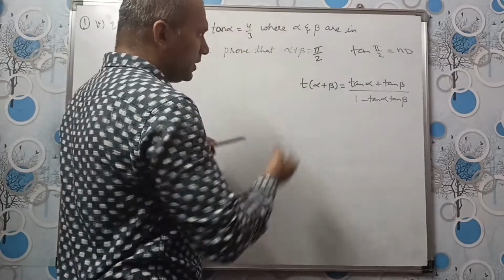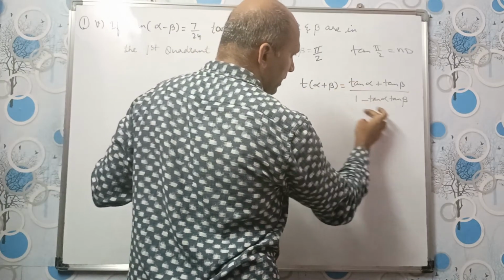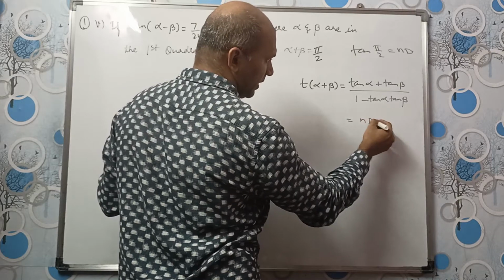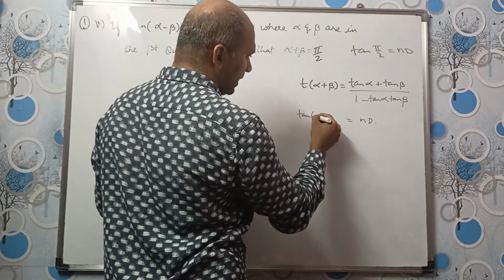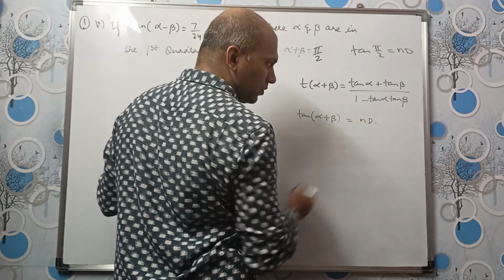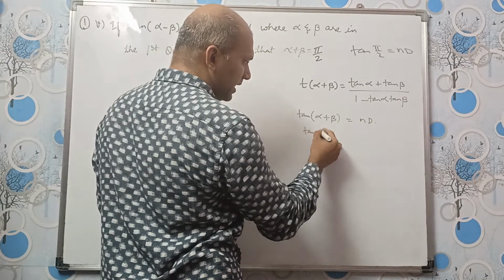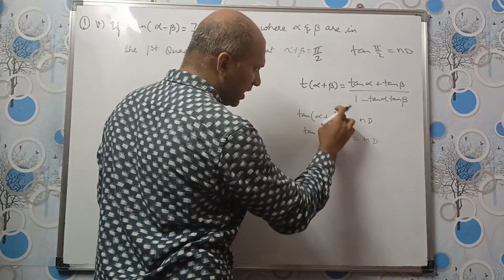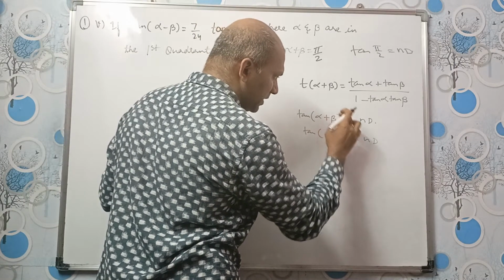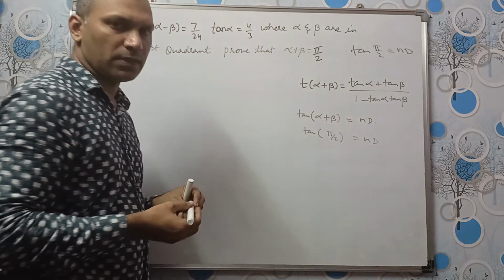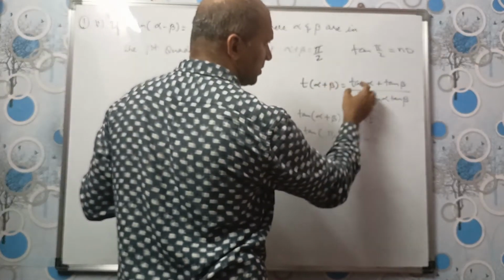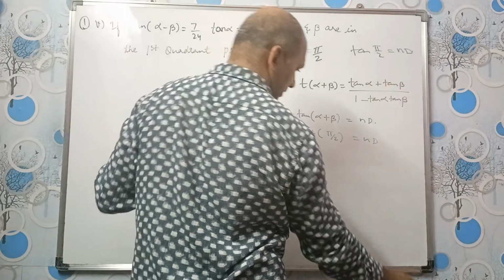So here, if we can prove that this is not defined, we can have tan alpha plus beta equal to not defined. And when is tan not defined? At pi by 2, right? So we can prove that this alpha plus beta is pi by 2. That will be our approach here. So to find tan alpha plus beta, we need tan alpha and tan beta.